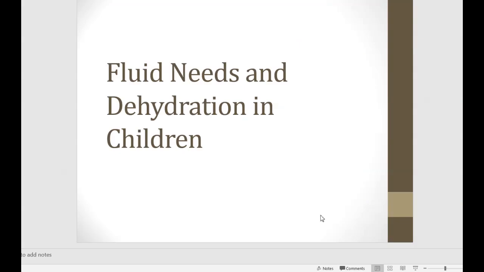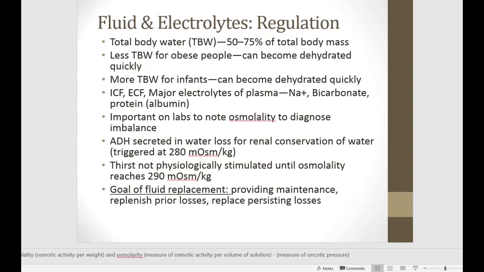And this is the PowerPoint, fluid needs and dehydration in children. Fluid and electrolytes regulation. Total body water, or TBW, is 50 to 75% of total body mass. There is less TBW for obese people, so they can become dehydrated quickly.